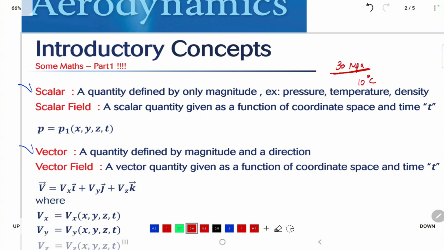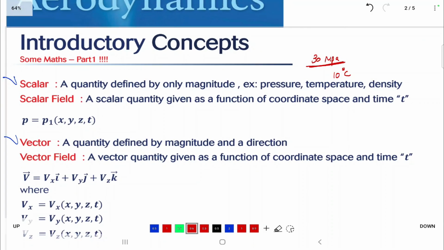Now, come to vector quantity. For example, we have vector quantities like force. When I have a force like this, it is 100 kilonewton. If I say this force is equal to 100 kilonewton, this description is not enough for this physical quantity. Why? Because I also need to know the direction, because different directions will give different effects for this force. That's why force is a vector.